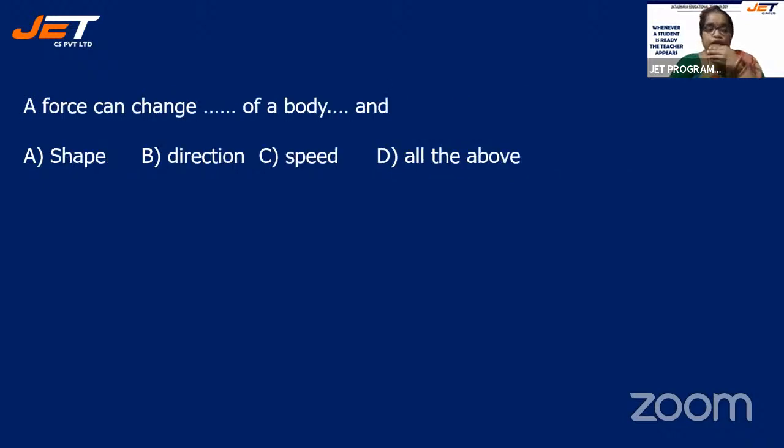Next one. A force can change dash of a body, dash, and a force can change shape, direction, speed, all the above.